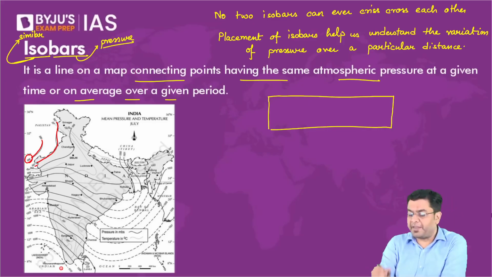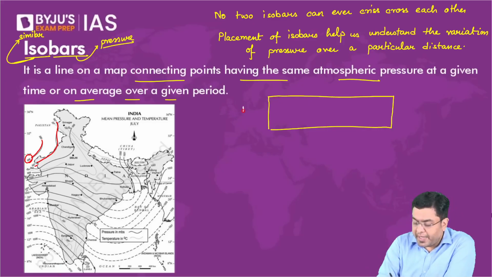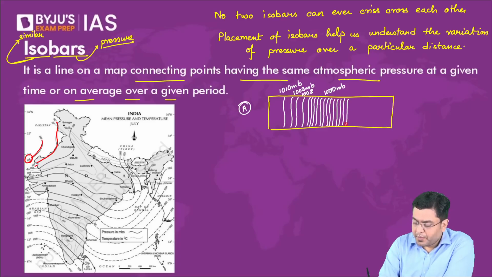That represents a variation in pressure. Let's suppose we express this over a particular region A, where we have the placement of isobars: 1010 millibar, then 1009, 1008, 1007, 1006, and so on until 1000 millibar.